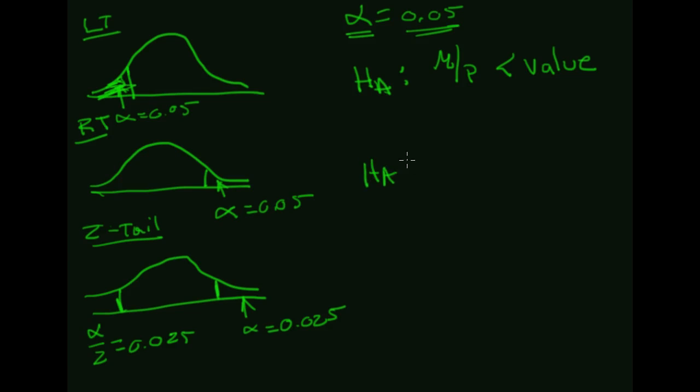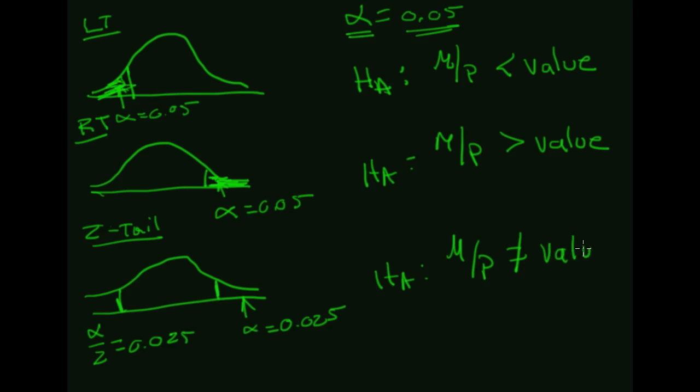If I am making the same mistake, but the mean or proportion is greater than a particular value in the alternate hypothesis, then I want it to the right. And if the alternate hypothesis says that the mean or the proportion is not equal to a particular value, then I want to be dealing with a two-tailed test, because I could miss either to the left or to the right, but I want half of my error on each side.